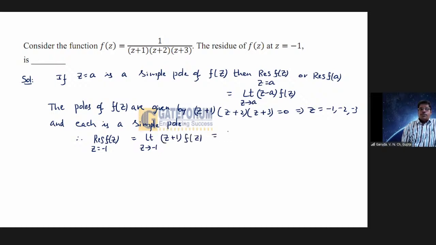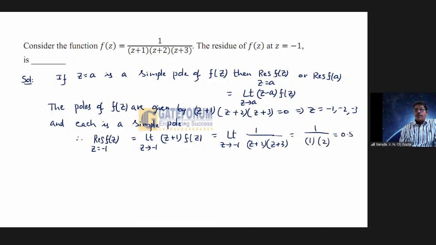So in f of z, one factor in the denominator, z plus 1, is cancelled with the prefactor z plus 1, you will be getting 1 by z plus 2 into z plus 3. So by direct substitution, put z equal to minus 1: 1 by minus 1 plus 2, which is 1, and minus 1 plus 3, which is 2. So this is 0.5. So the answer for this question is 0.5.